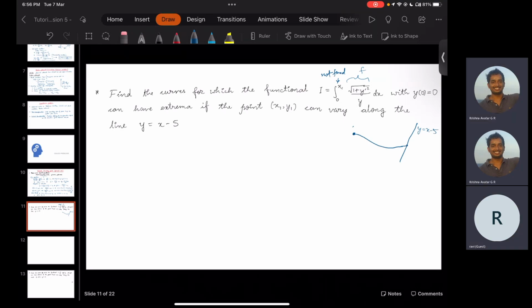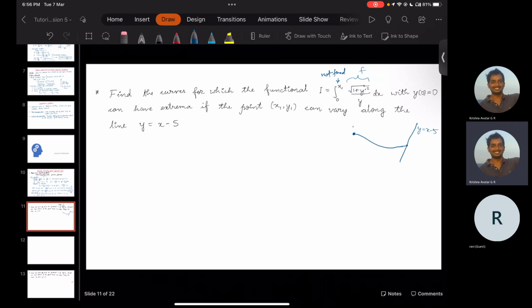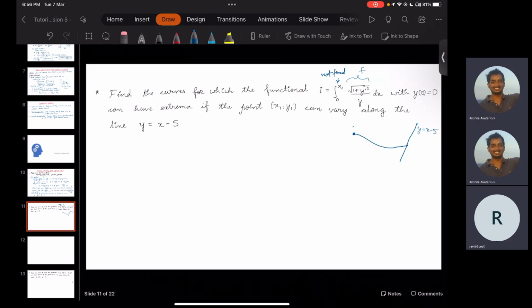Better keep refreshing every minute. Audio is fine, but what you are writing I can't see. Only the question is visible, the solution part is still frozen.